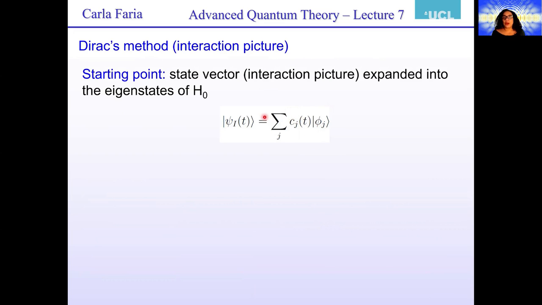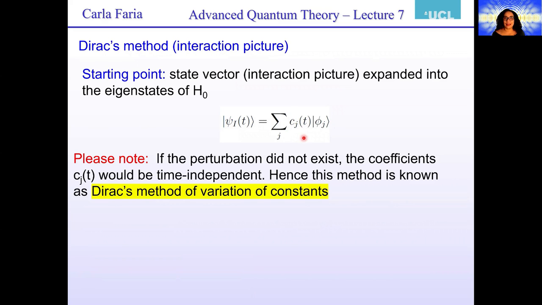So when we do this expansion, what you have to do is insert here the closure relation. You get this c_j(t), you have phi j, and these coefficients here, they are time dependent.